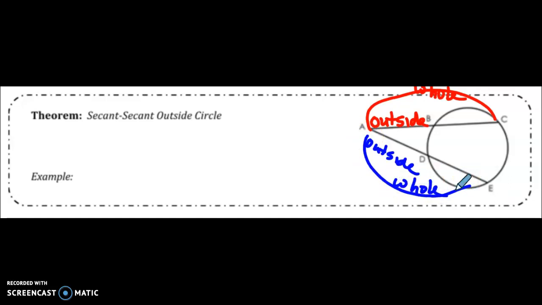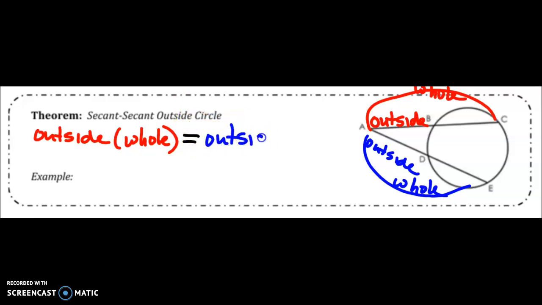Okay, so the equation that becomes true here is that the outside times the whole will be equal to the outside times the whole of the other secant.